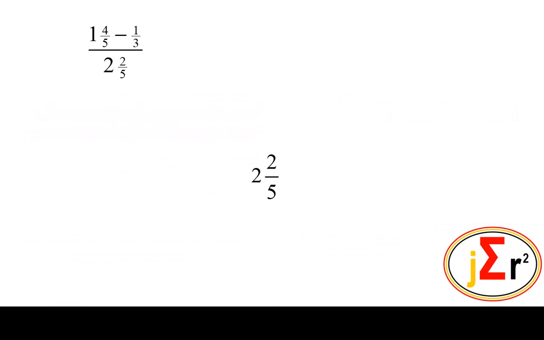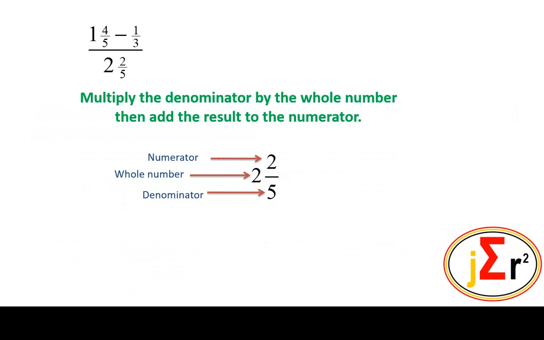So we'll take the 2 2/5, and we'll go through the process again. First, labeling all of the components of the number. Then we will go straight ahead. Multiply the denominator by the whole number, and then we will add the result to the numerator.